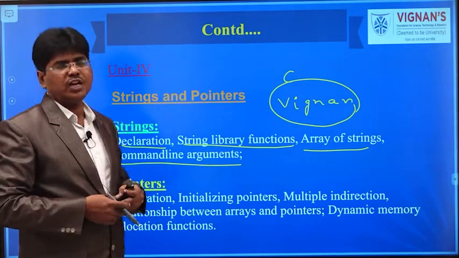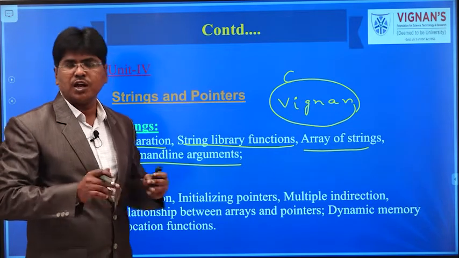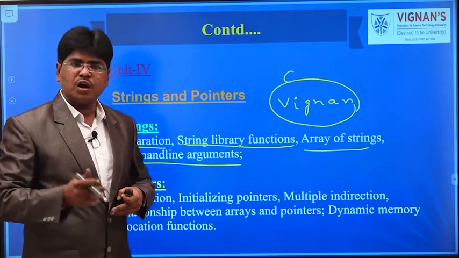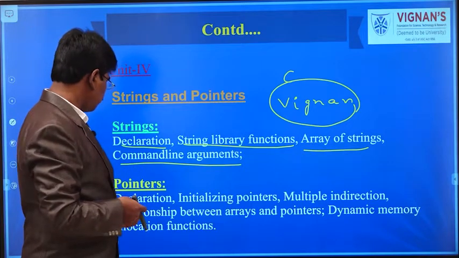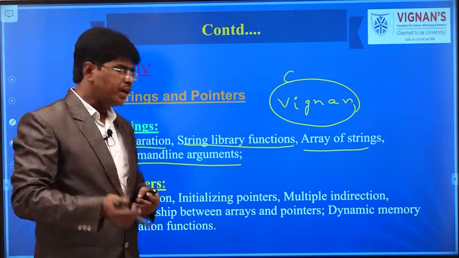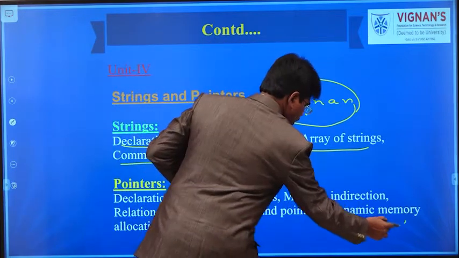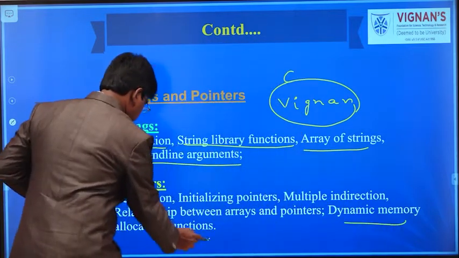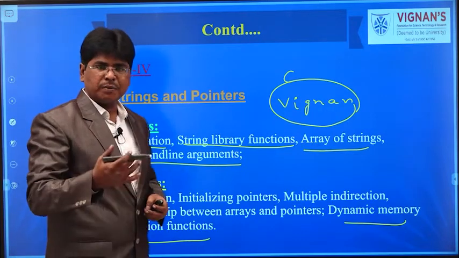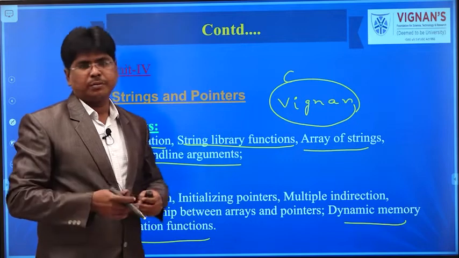How we can provide the relationship between pointers and arrays, and also between functions and arrays. All these things we will cover under the concept of pointers. Not only pointers, along with them we have added one more topic called dynamic memory allocation functions. This is also a very important concept. Dynamic means how we can allocate memory temporarily.